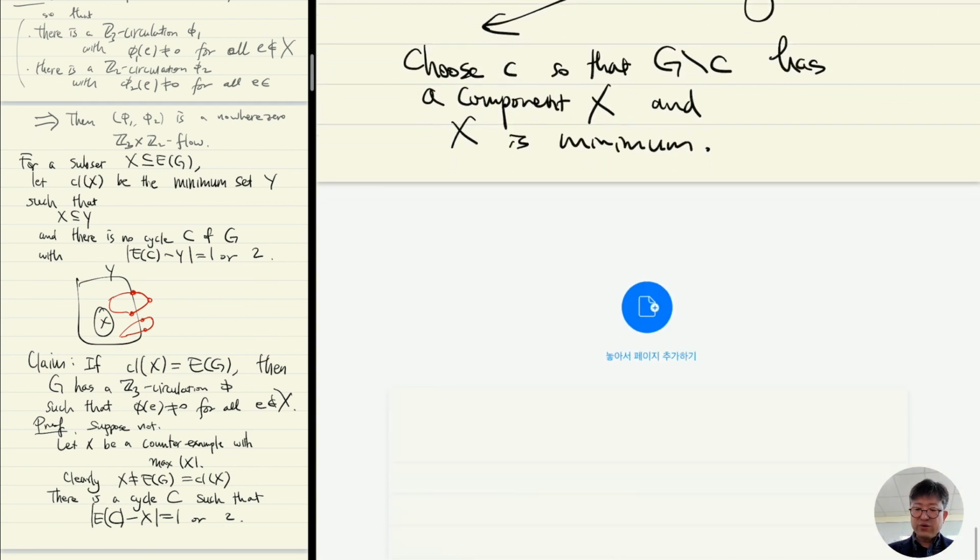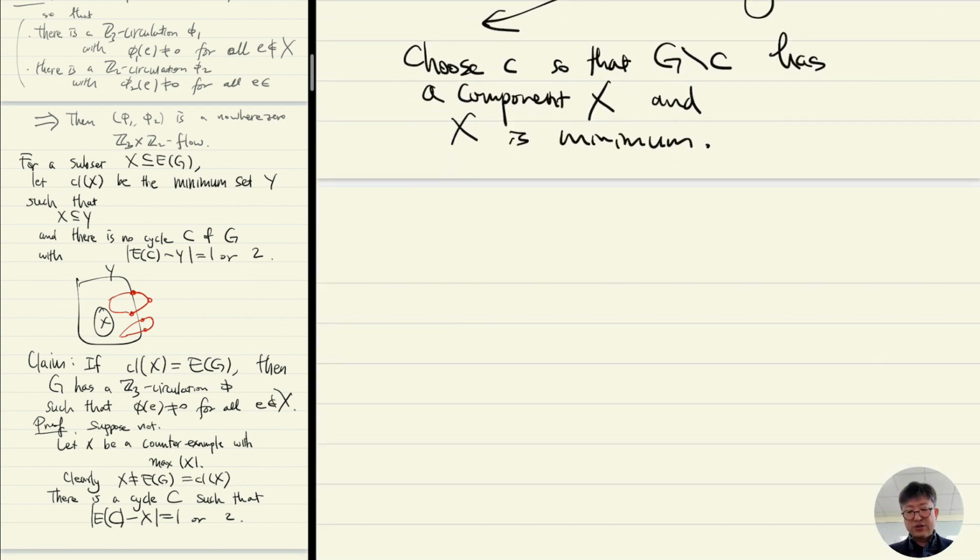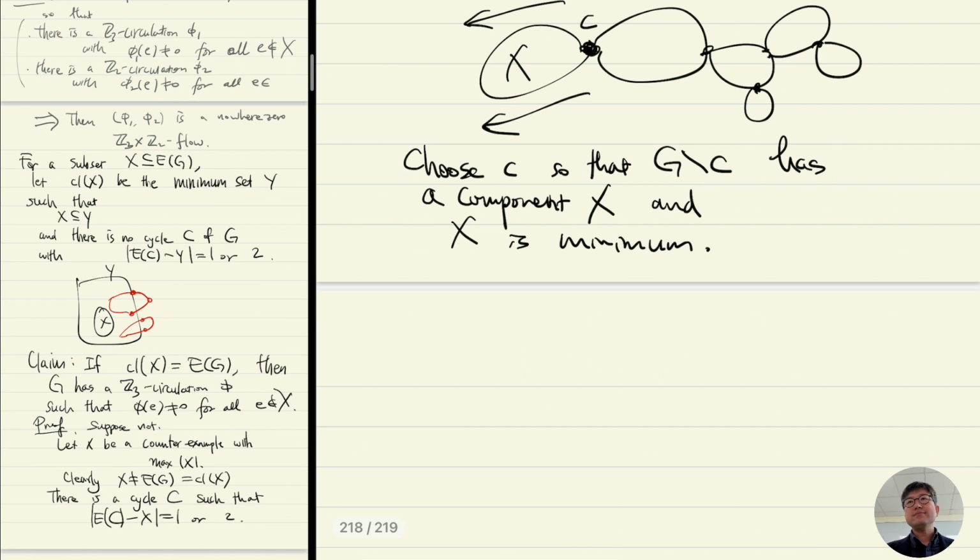Right, so among all choices of C and X, I'm going to choose C and X so that X is as small as possible.